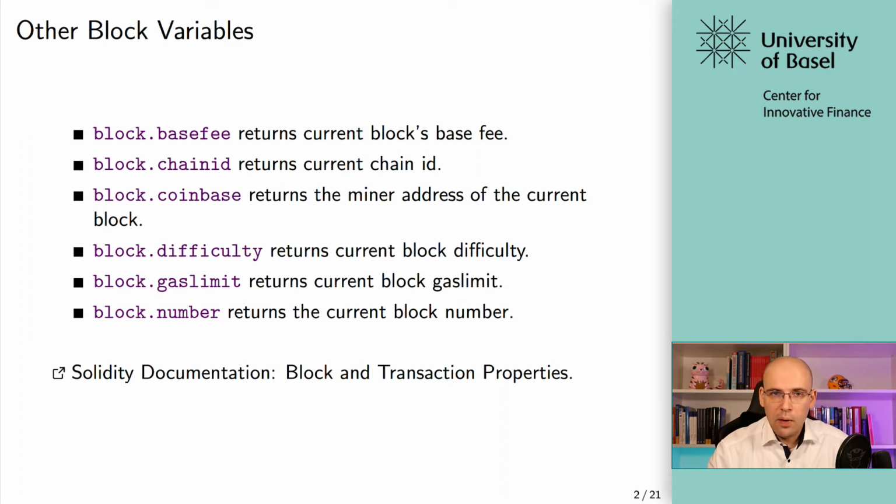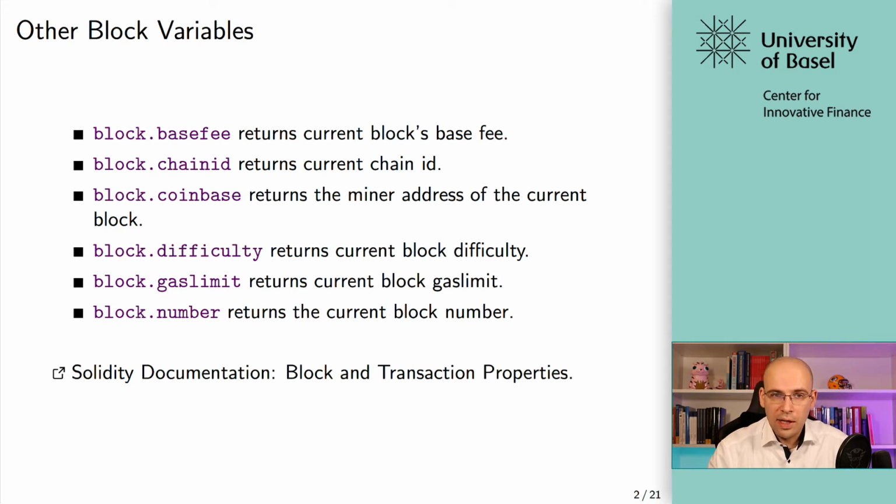Then you have block.coinbase that returns the miner address of the current block. So basically the address of the person who has successfully assembled and propagated this specific block where the transaction is included. Then you have block.difficulty that returns the current block difficulty with regards to proof of work.